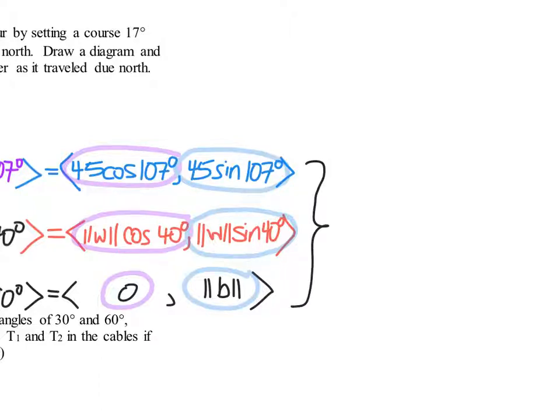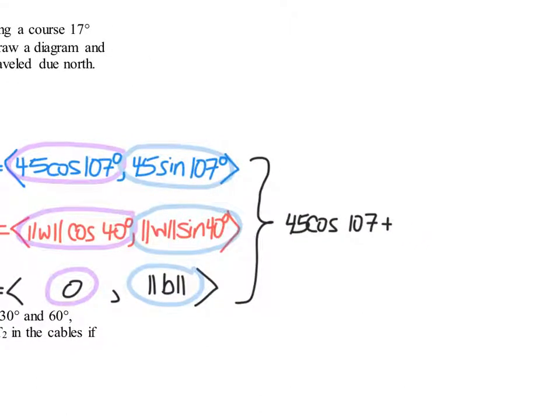So all this stuff together is going to give us a system of equations because all of our x components should be equation worthy. The sum of the first two should equal the last one. So 45 cosine 107 plus w, magnitude of w, but that's a lot of syllables, so I'm just going to say w, cosine 40.